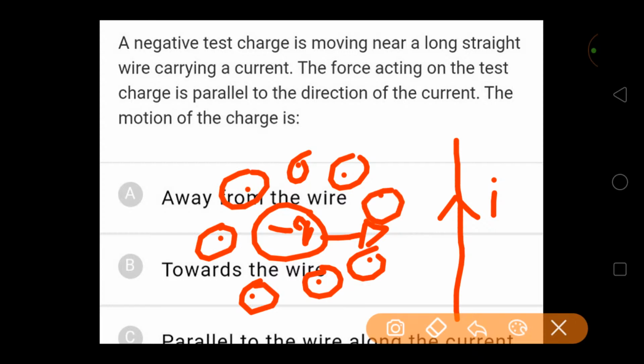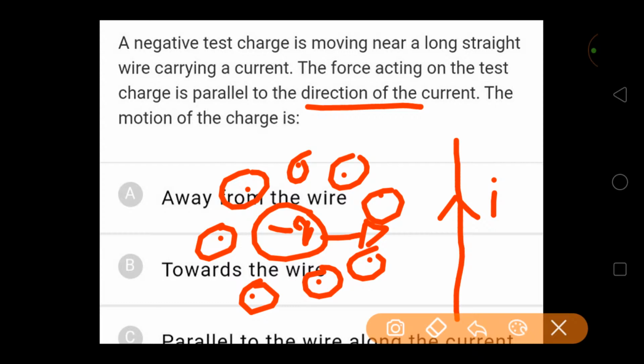Now use what is given. Force is parallel to the direction of current. Now use Fleming's left hand rule. Keep your forefinger outwards, along the field, and keep your thumb in the direction of current.